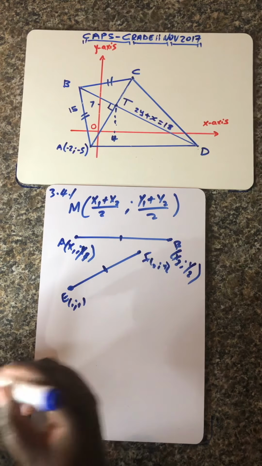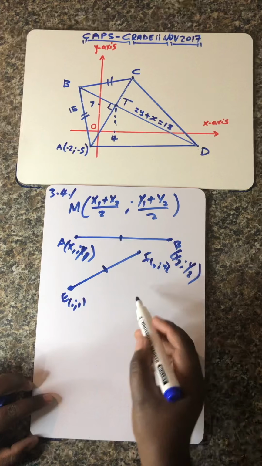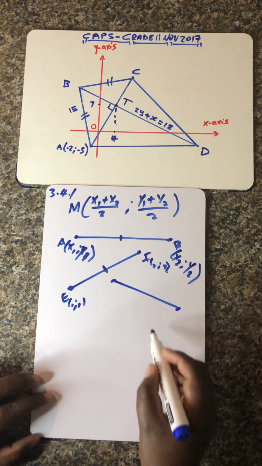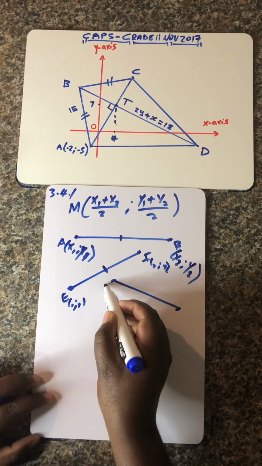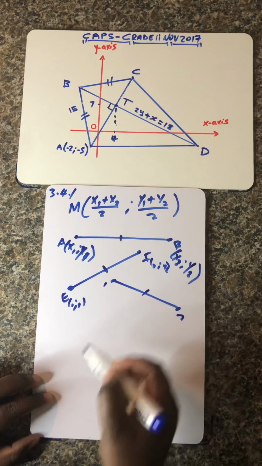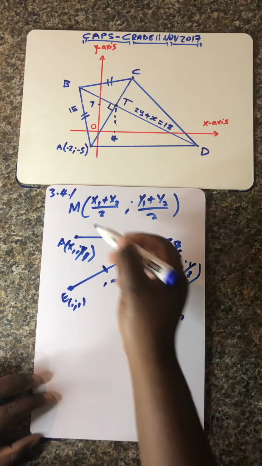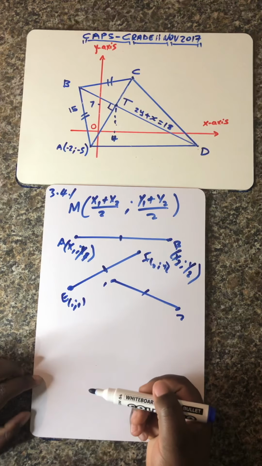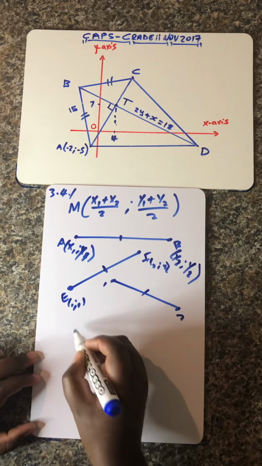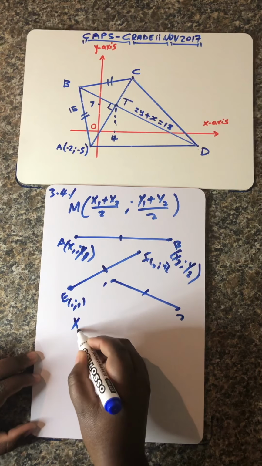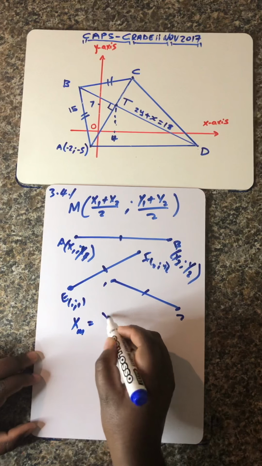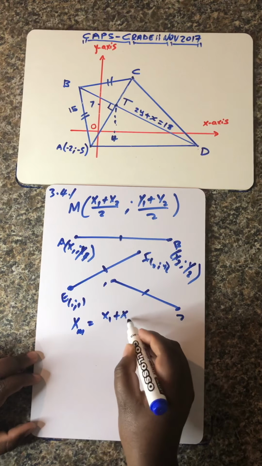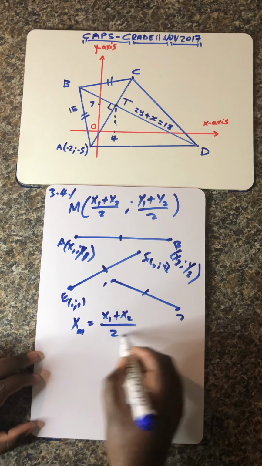So I've just indicated, I'm sure you understand very well, that even if a line was in that direction or that angle, as long as it's point 1 and point 2, and you calculate the midpoint, you use the same formula. So that means the x at the midpoint equals x of the first point plus x of the second point, divided by 2.